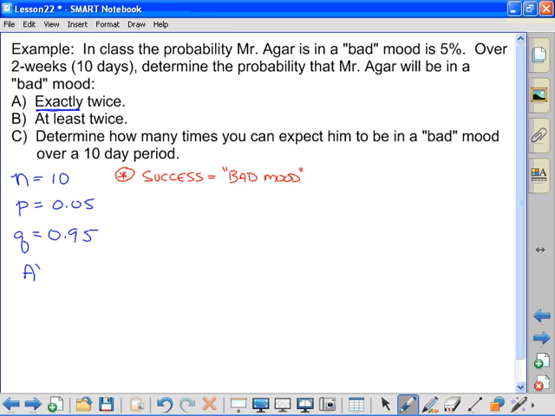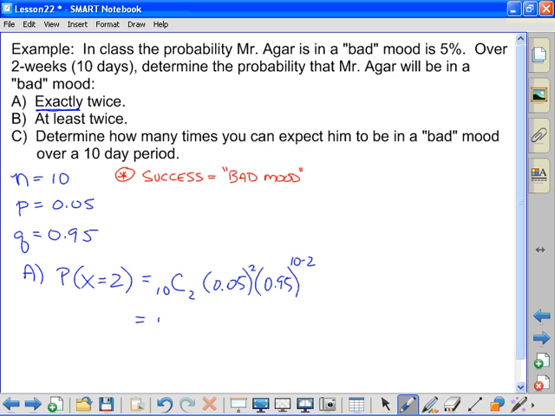So, A part then. Probability of success for exactly 2 is equal to 10 choose 2. Our probability is 0.05 to the exponent 2, 0.95 to the exponent 10 minus 2, or just 8. So calculating that, 10 choose 2 times 0.05 squared times 0.95 to the exponent 8.